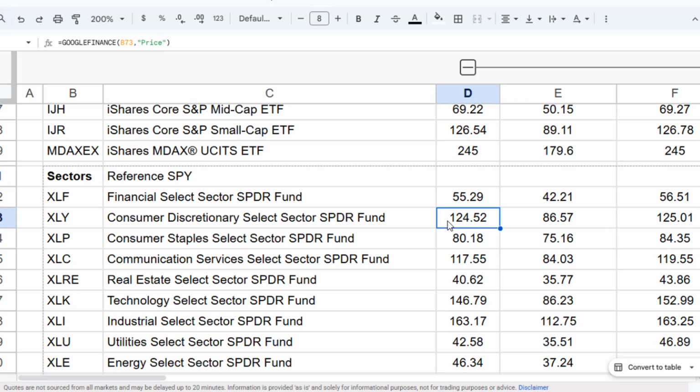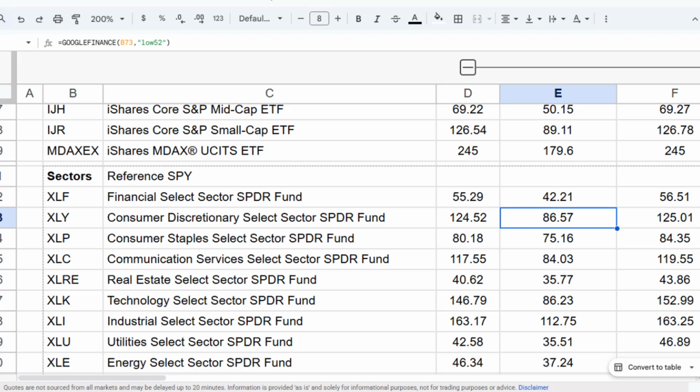As of now, for the consumer discretionary we have a value very close to the 52-week high. And this is what we are looking for. We are looking for the price movements in the range between low and high. So if it's very close to the high, we know it's very strong. And if it's very close to the low, we know it's very weak.